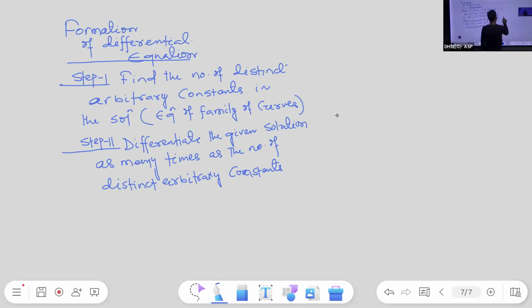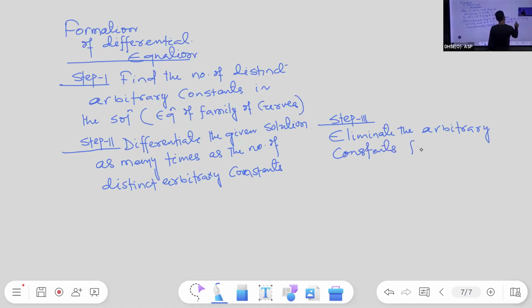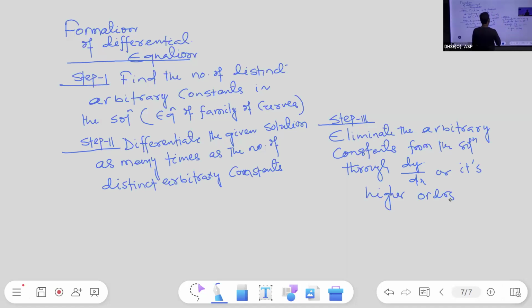Step three, eliminate the arbitrary constants from the solution through dy upon dx or its higher orders.